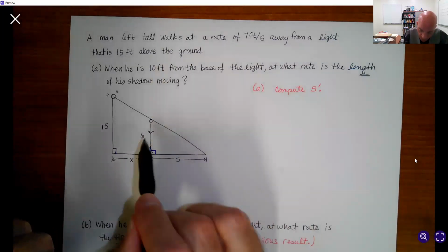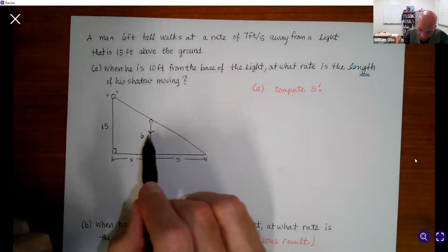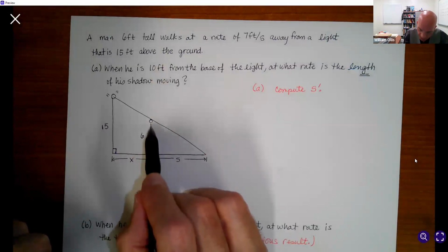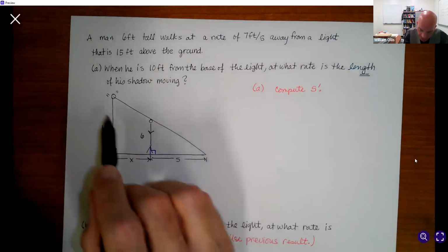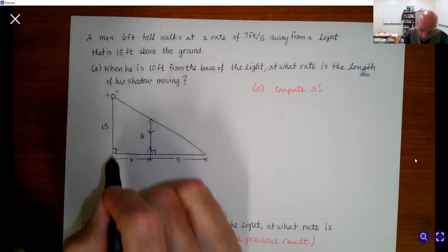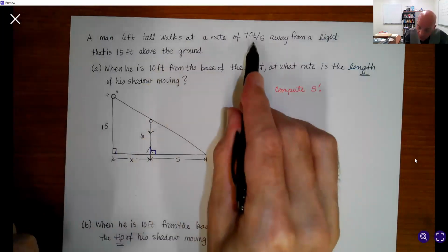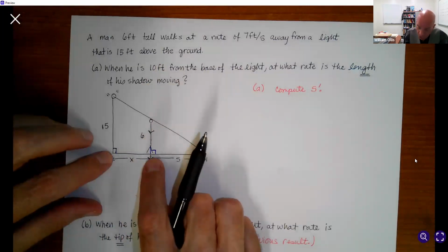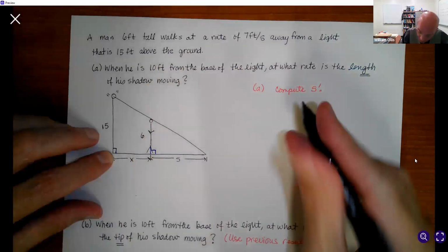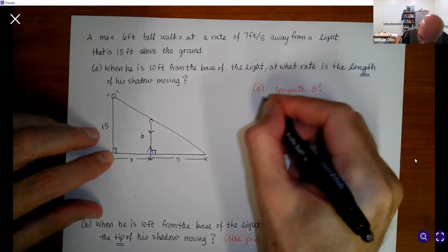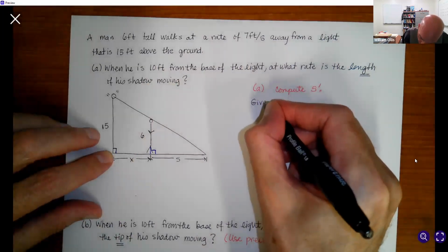And again, if we want to use some of the given, this is what we want to compute. We know we've got this. We don't really have to write that down. The height of the gentleman is 6. The light is 15 feet above the ground. But notice that he walks away at 7 feet per second. So X is changing, or X prime is 7 feet per second. So we can go ahead and write that down as a given.